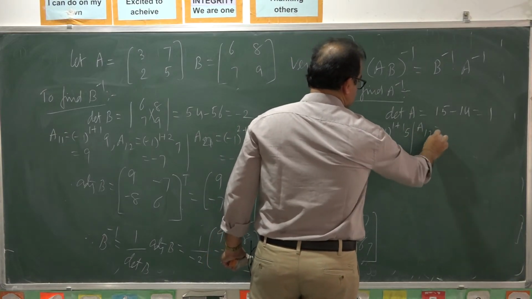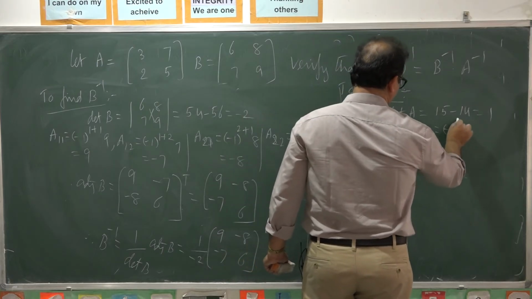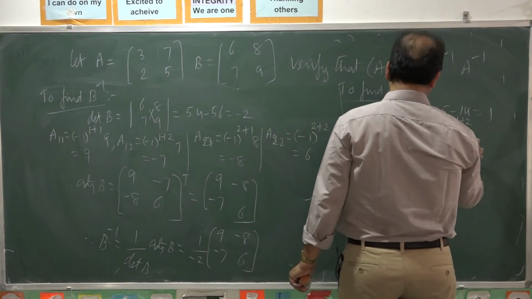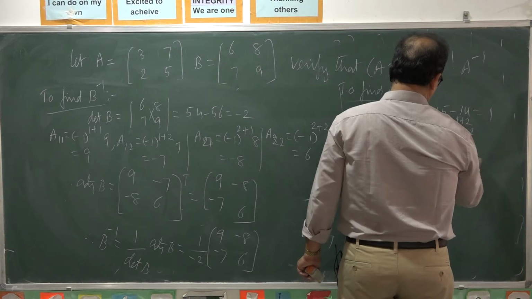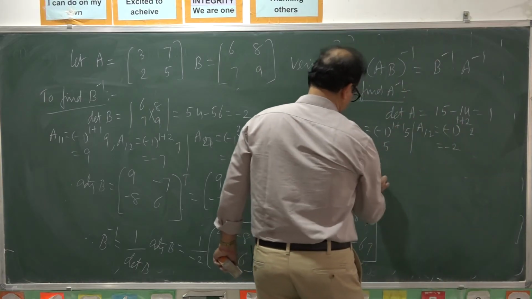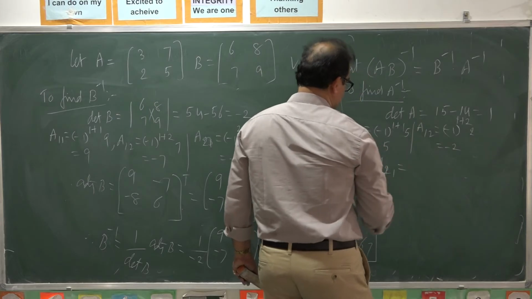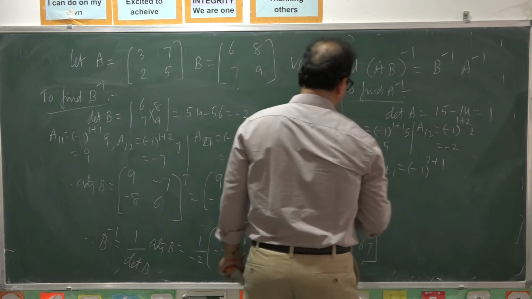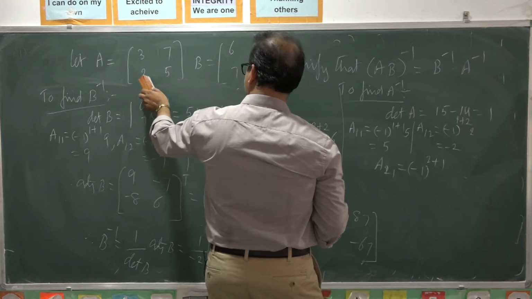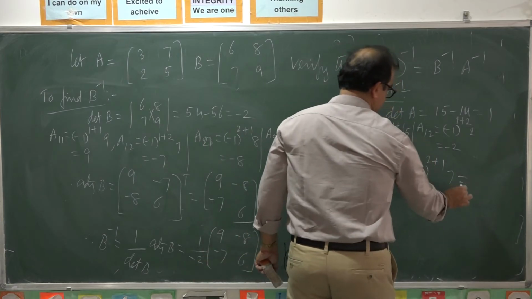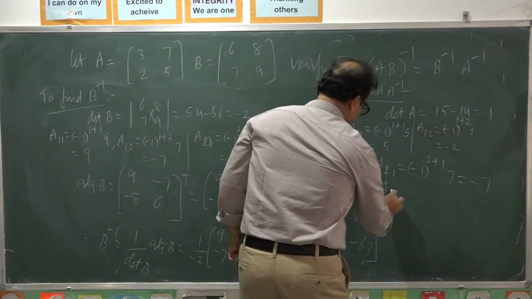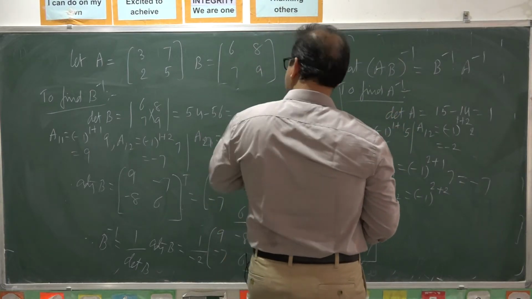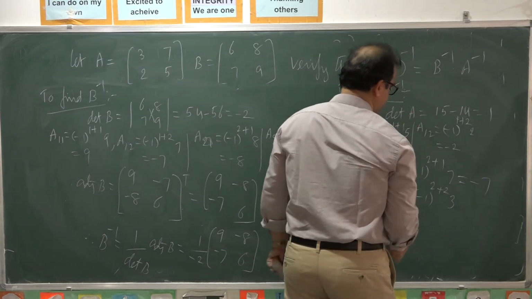Next, A12 is equal to minus 1 to the power of 1 plus 2 into 2, minus 2. Next A21 is equal to minus 1 to the power of 2 plus 1 into, you delete second row and first column, 7, minus 7. A22 into, you delete second row and second column, 3.